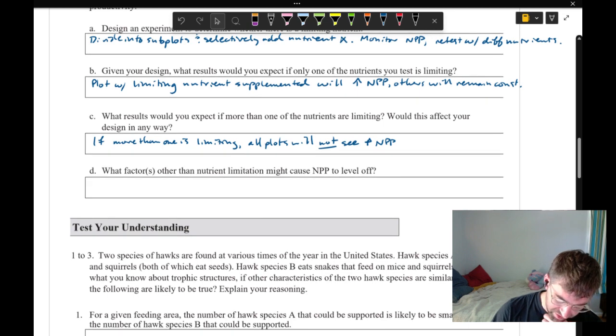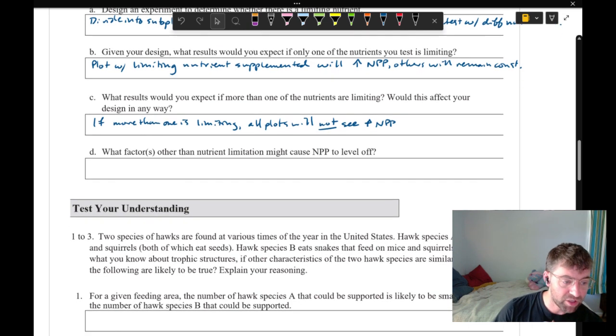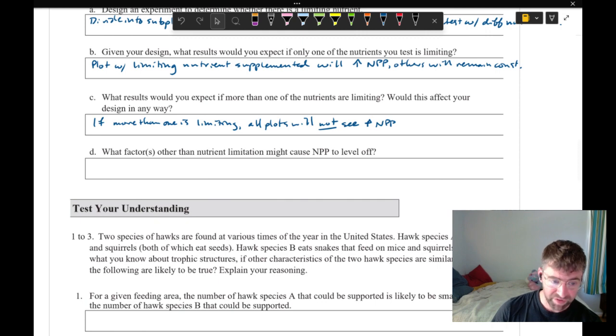And finally, what factors other than nutrient limitation might cause net primary productivity to level off? So among other things, plant growth can be limited by water availability, physical or chemical conditions related to the density of plants per unit area, the presence or absence of symbiotic mycorrhizal fungi.